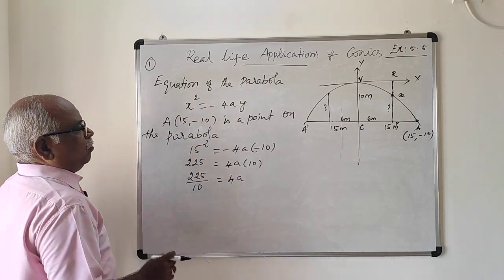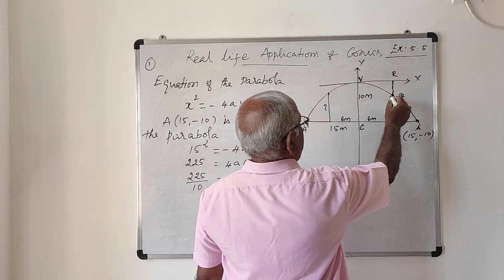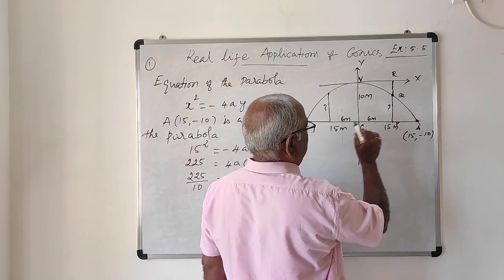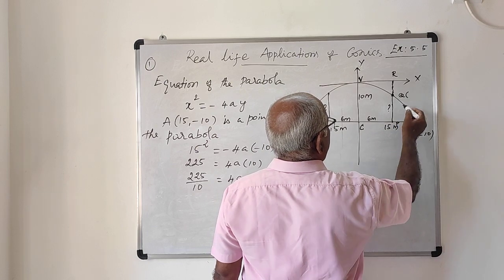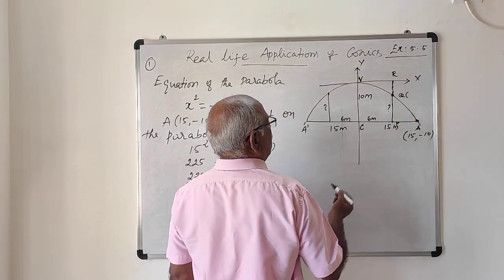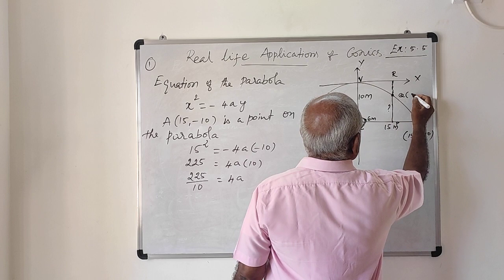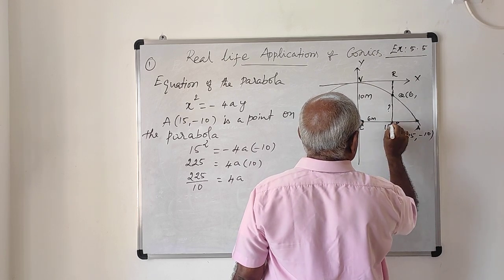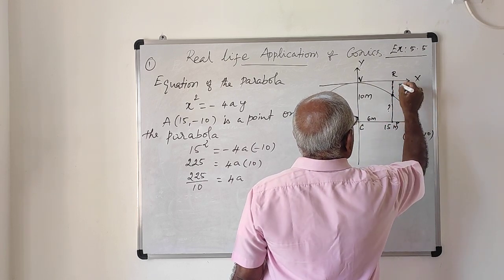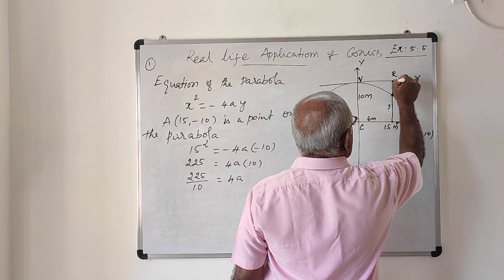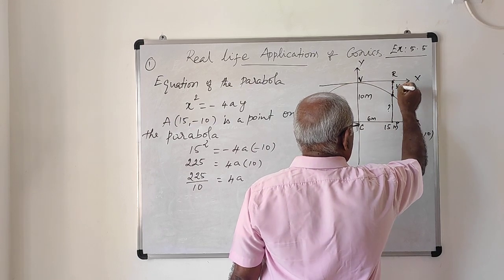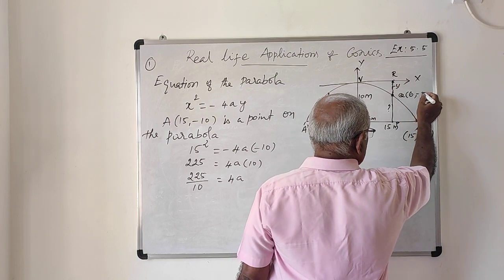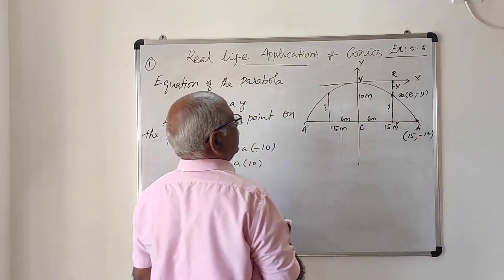And we have to find out the height of the bridge 6 meters from the center on either side. Therefore, we have to find out the point PQ. The x coordinate of point Q is 6 because this distance is 6, and this distance is y, also in the minus direction, so it is minus y.